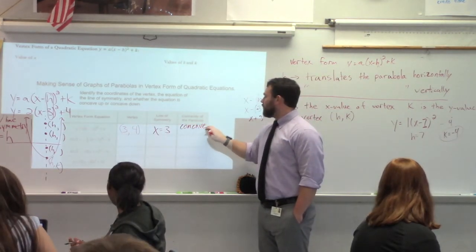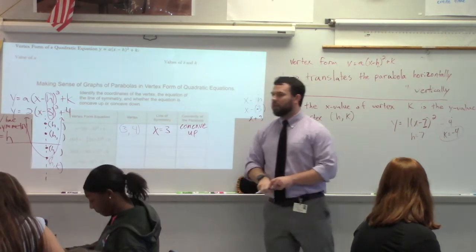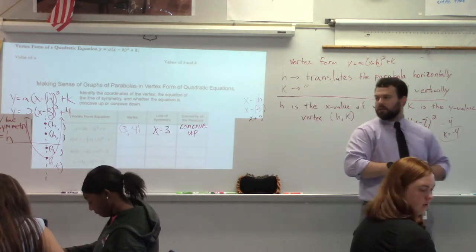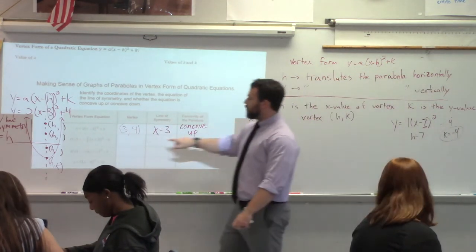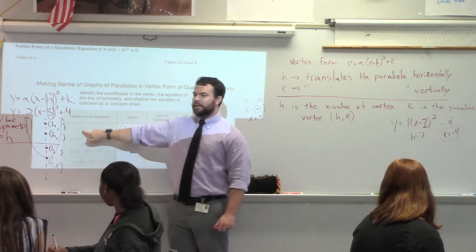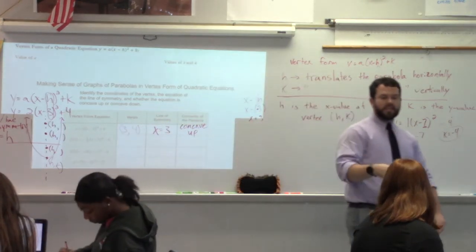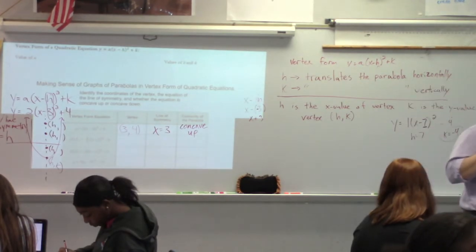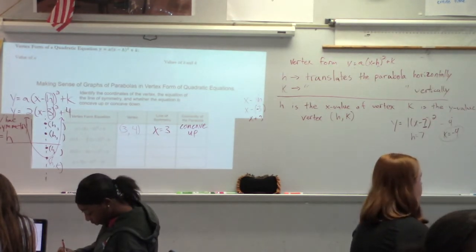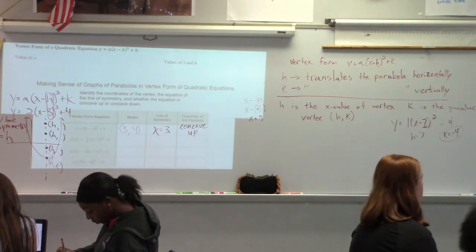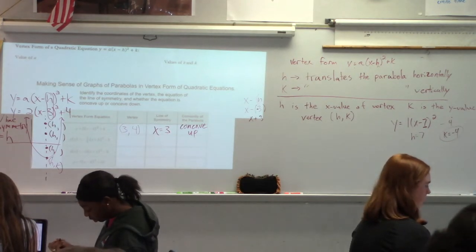Notice that reasoning. That's what you would want to show on assessment. It's concave up because the value of A is positive. Okay, fill out the rest of that table. Once you finish that table, move on to do the next set of slides for the standard form. It's on the back side.